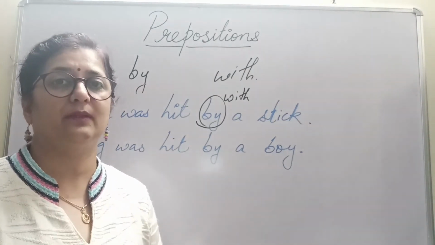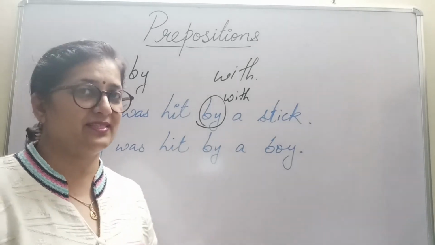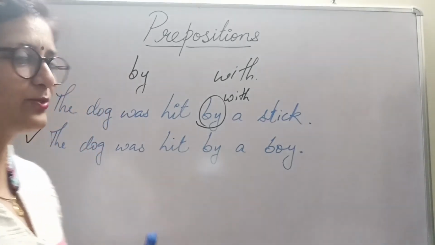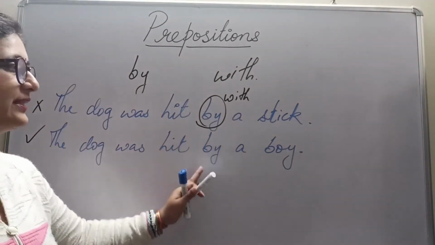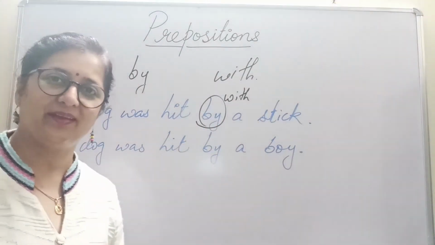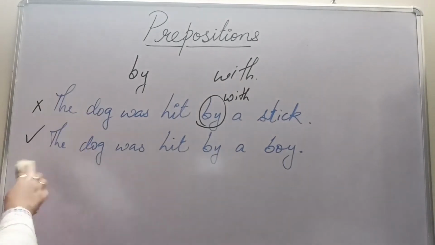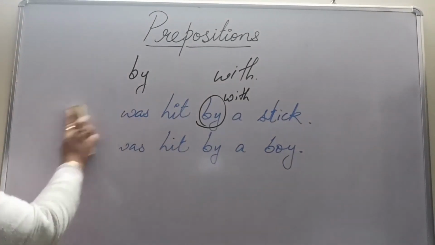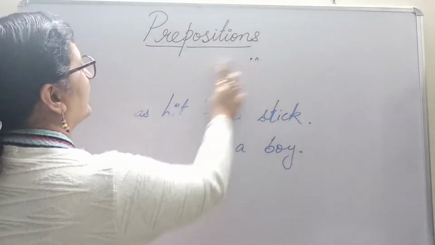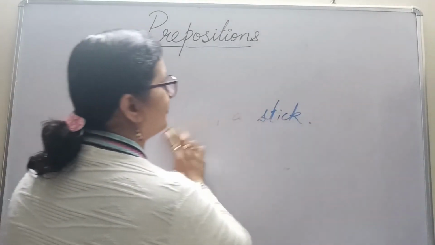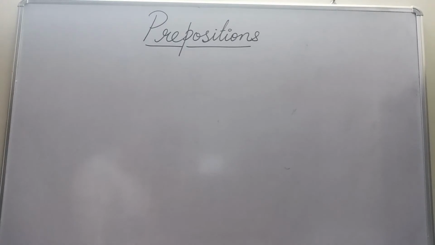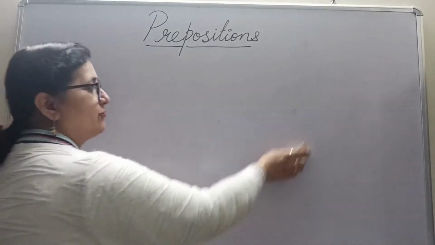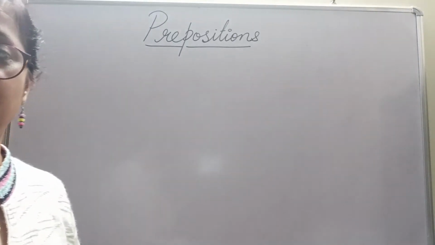A stick can't do something, but he was hit with a stick, right? We can combine the two sentences and make it, the dog was hit with a stick by a boy. See, a combination of two sentences, a mixture of two sentences together. Right, let's see if we have any more confusing prepositions for us. Let's get that cleared once and for all so that you don't have any issues later on.